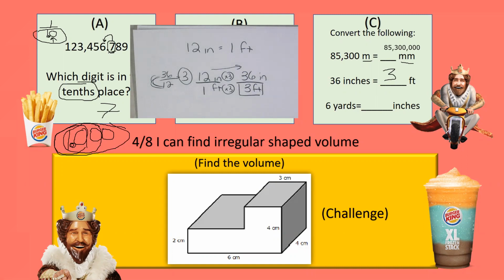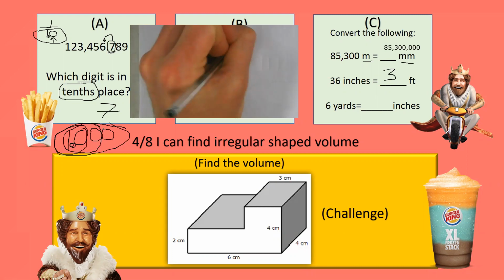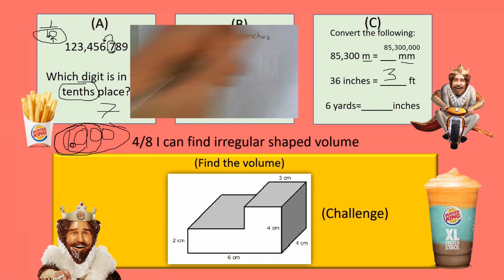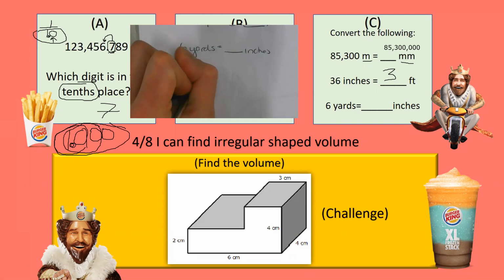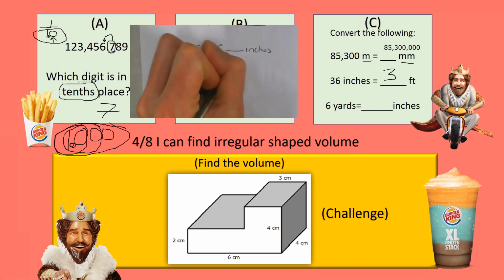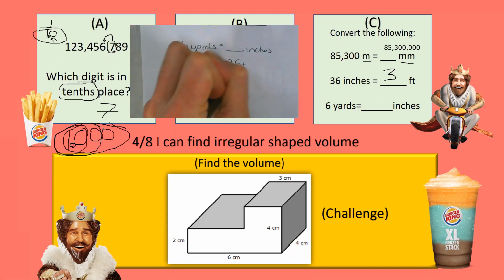And now we have 6 yards. Well, what do we know about yards and inches? Well, we know that 1 yard equals 3 feet, and we know that 1 foot equals 12 inches.